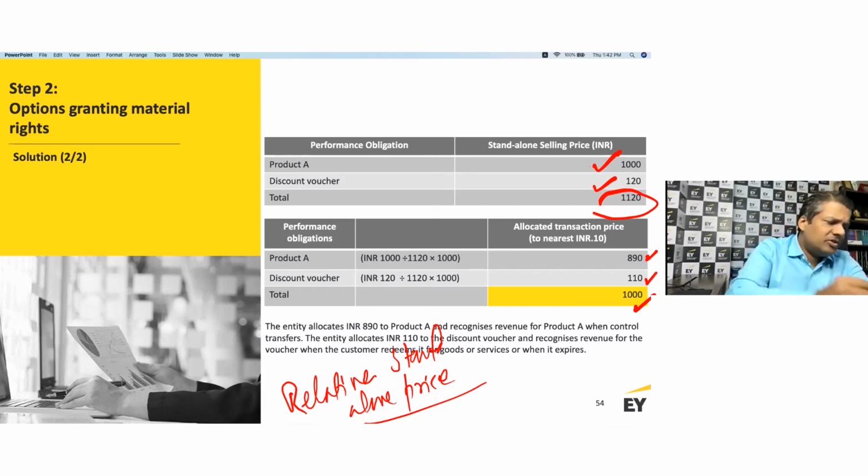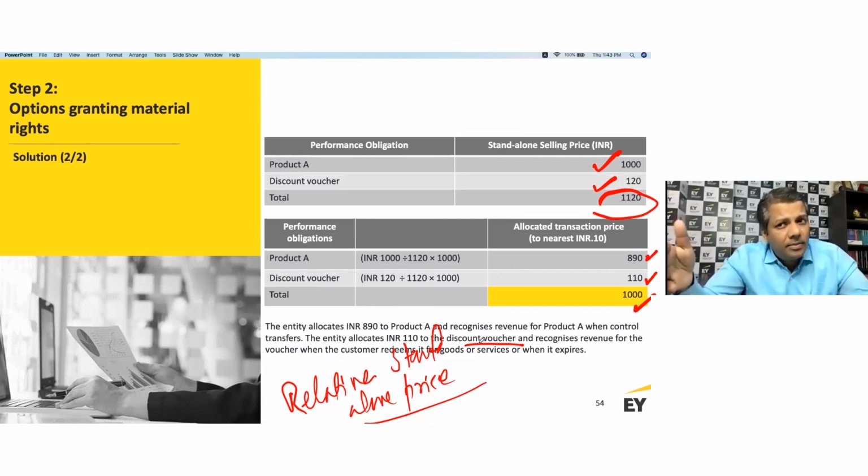So the discount voucher is considered a separate performance obligation, because this discount voucher is not available to anyone and everyone. It is only available to you because you have entered into this contract with me.